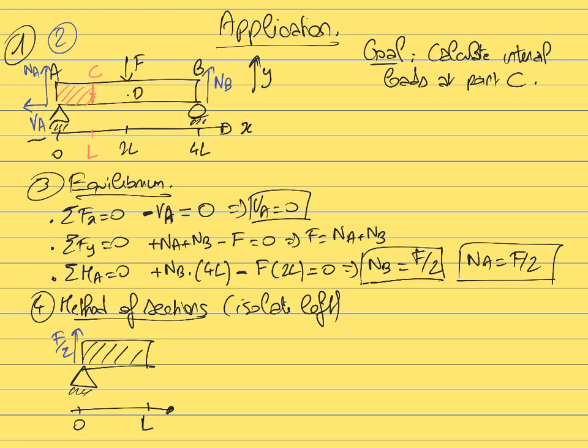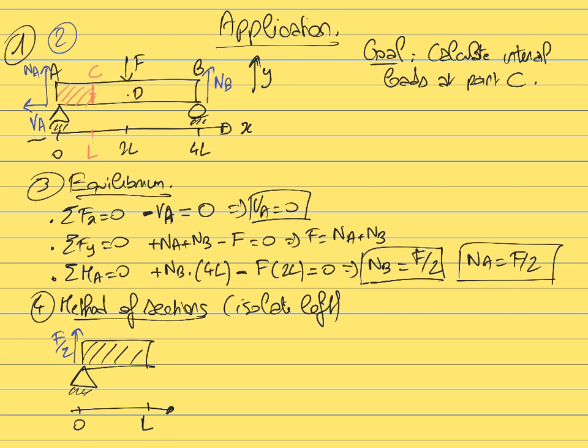Now, the only new force that we have is that because we have cut the system into 2 parts at the point C, now the right part of this member will act as a fixed support to the left part. The right part will prevent the translation and the rotation of the left part because the left part is attached to the right part.